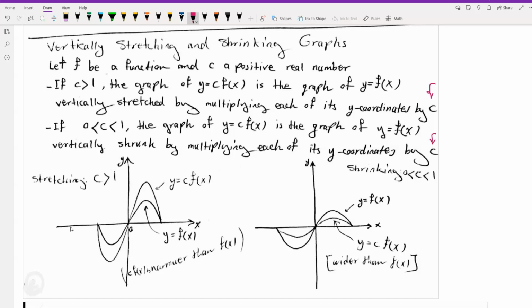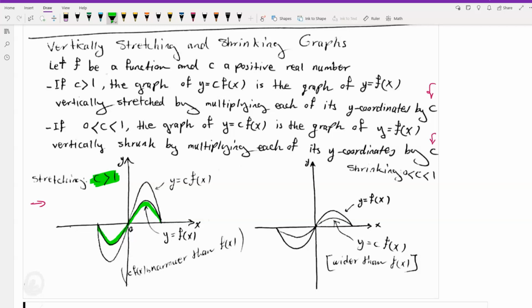So what we have here on this part, this one is y equal to f of x, and this is when c is greater than 1. So we have to use the graph of y equal to f of x and vertically stretch it by multiplying each of its y coordinates by c.